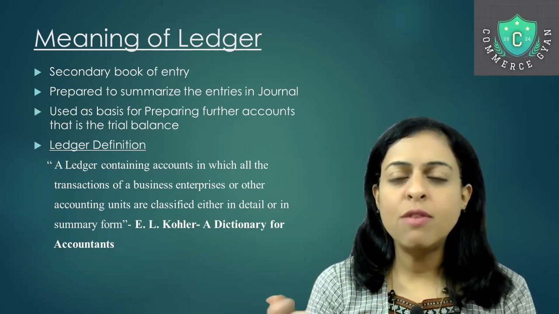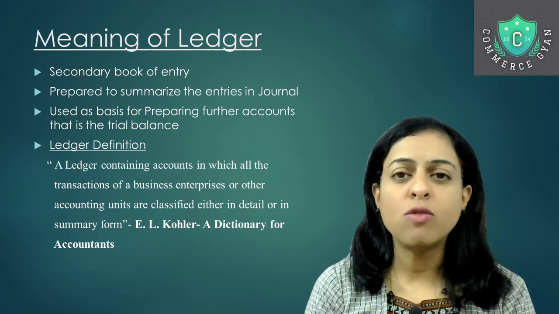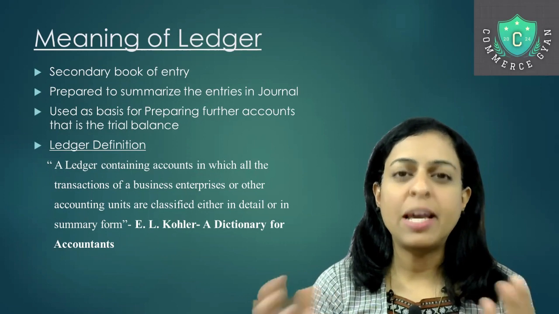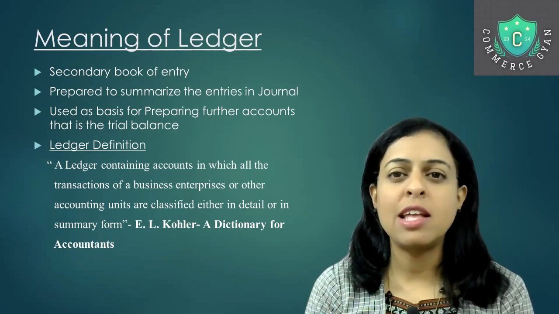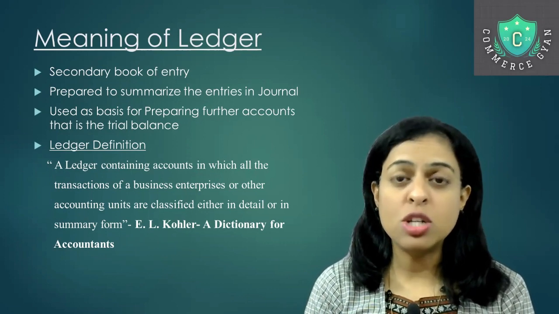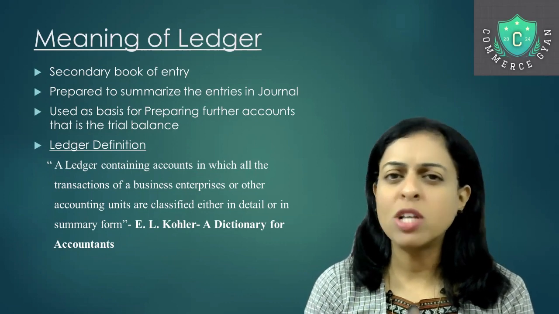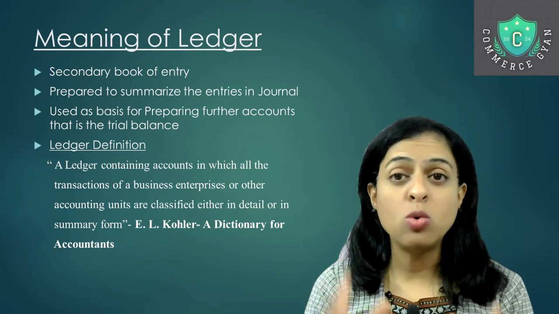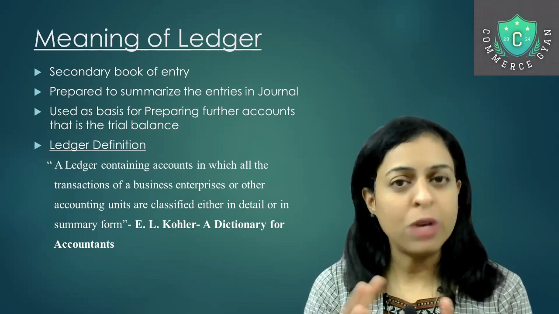And in this, if you just have to think of a journal, let's say in the journal you had written cash 10 times: cash purchase, cash sales, cash paid for stationery, cash deposited in bank account, and so on. So a number of times that the account cash has come into picture.